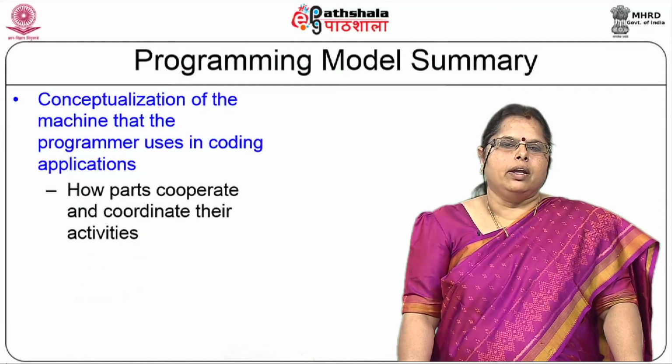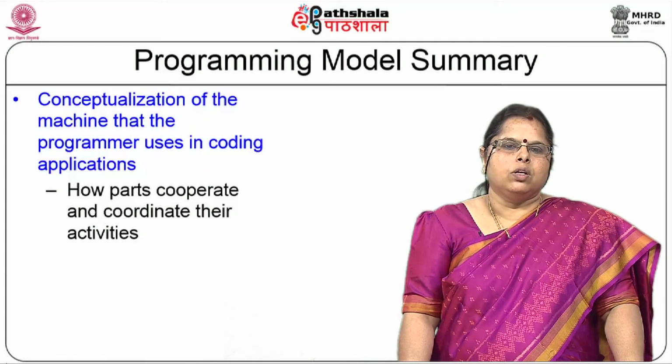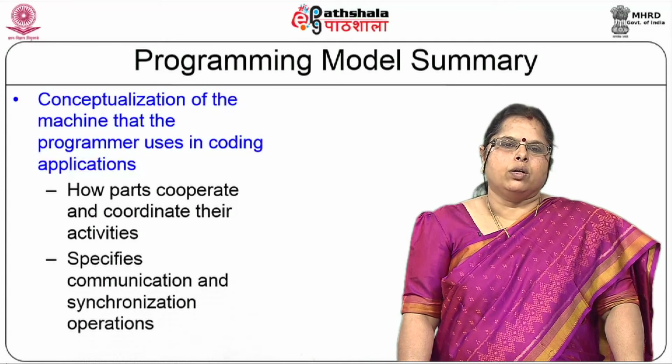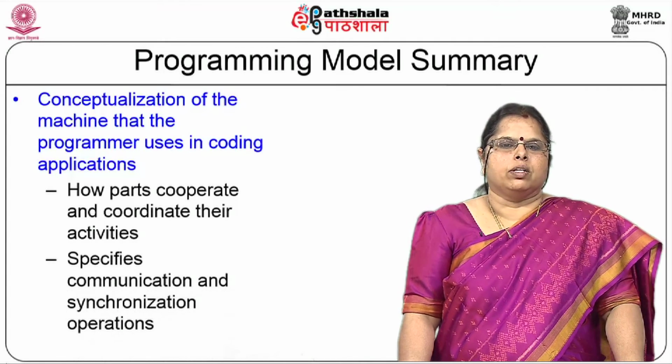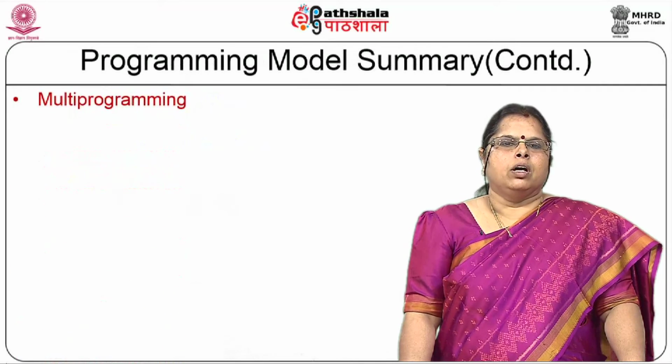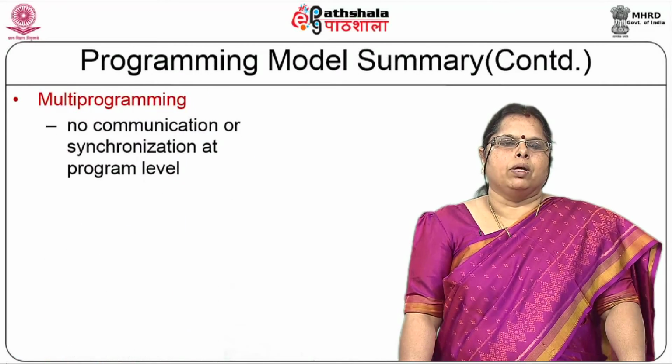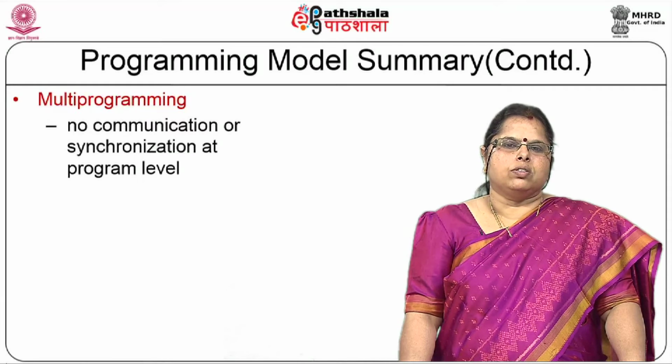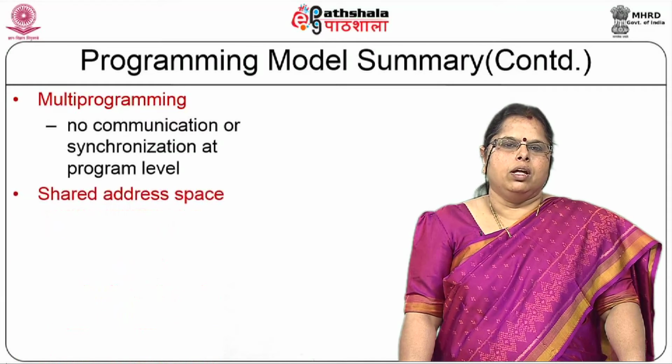So, it basically indicates how the various processes cooperate, communicate and coordinate their activities. It also specifies the communication and the synchronization operations that happen between the various processes. And if you look at multi-programming, there is no communication or synchronization at the program level happening.